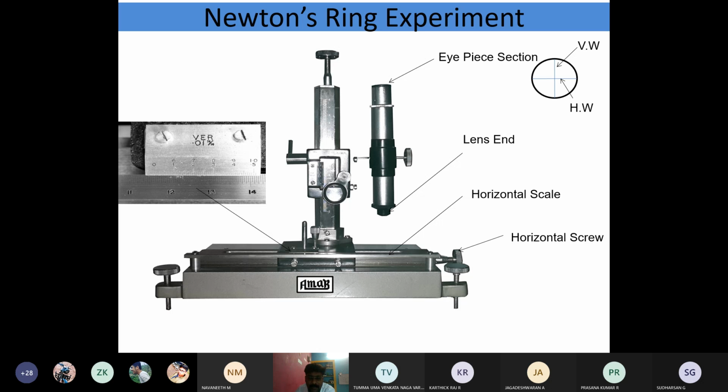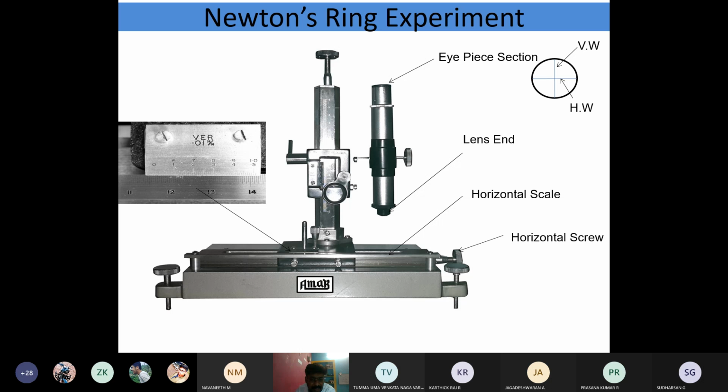Then we have two types of scales here. You can see the vertical scale, from top to bottom. At the top of this vertical scale we have a screw that I have not mentioned here.